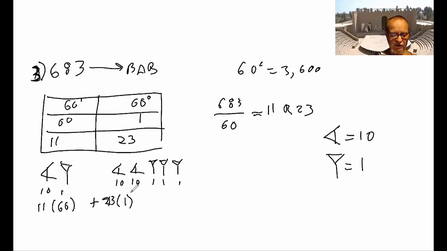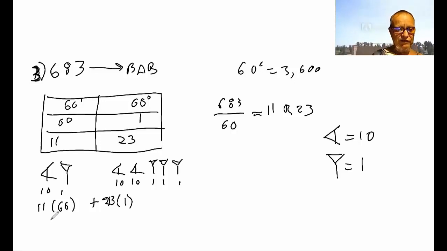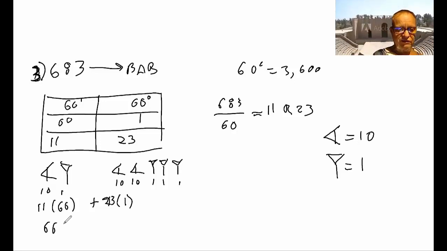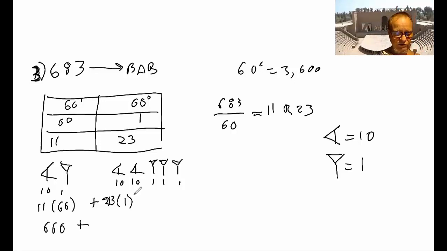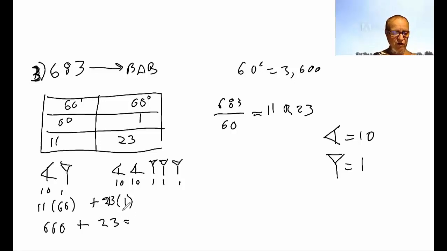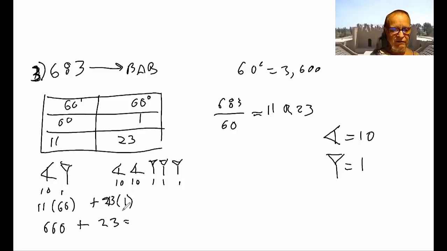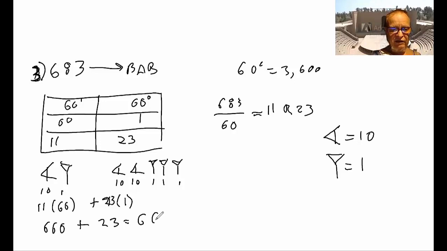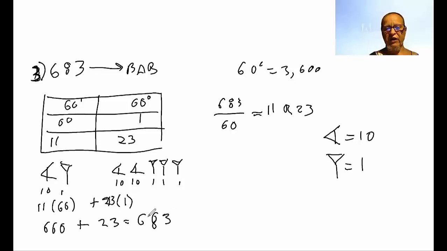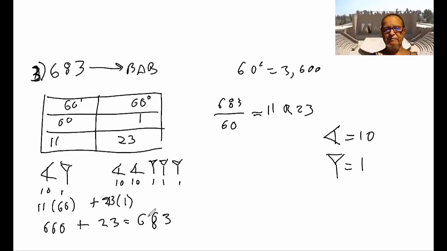So 11 times 60, well, that will give us 660 plus 23. And our final answer will be 683, which is what we want. So that was just a little bit of a check to make sure that we did that correctly.